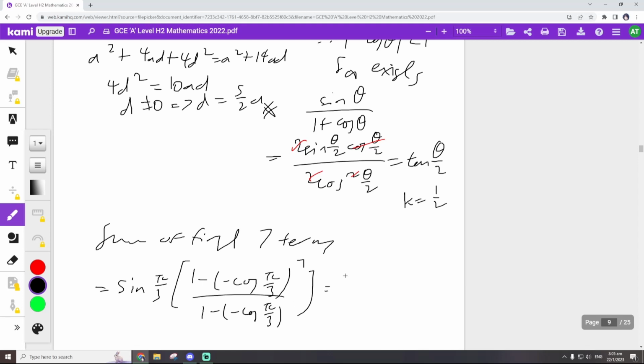And this is root 3 over 2 times 1 minus the 7th power of negative half, which is minus negative 1 over 128, so 1 plus 1 over 128. Divide by 1 plus half.